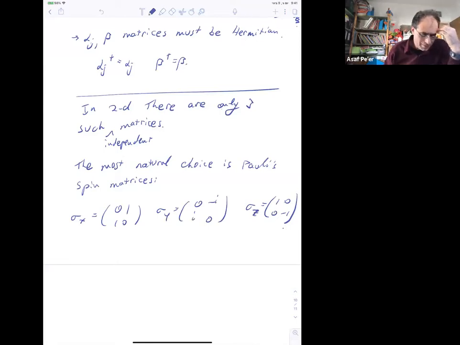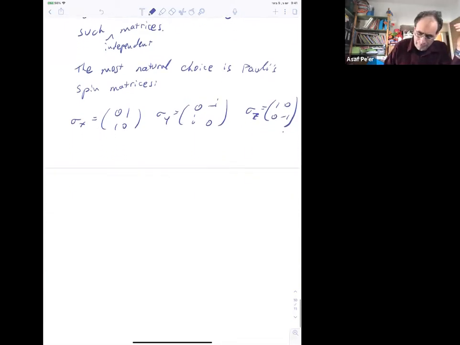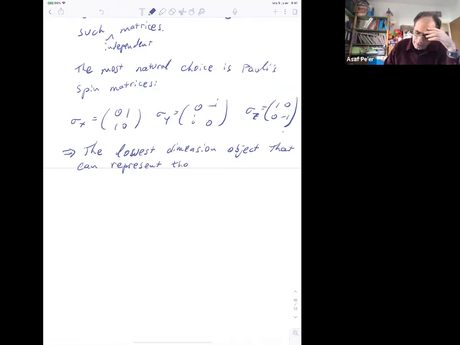So the lowest dimensional object that can represent the alpha_j and beta matrices is 4 by 4 matrices. And we can use higher dimension if we want to, there is no need.